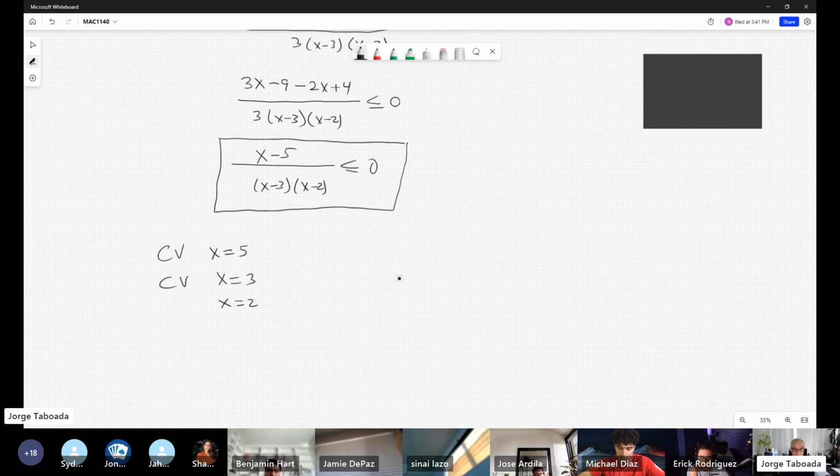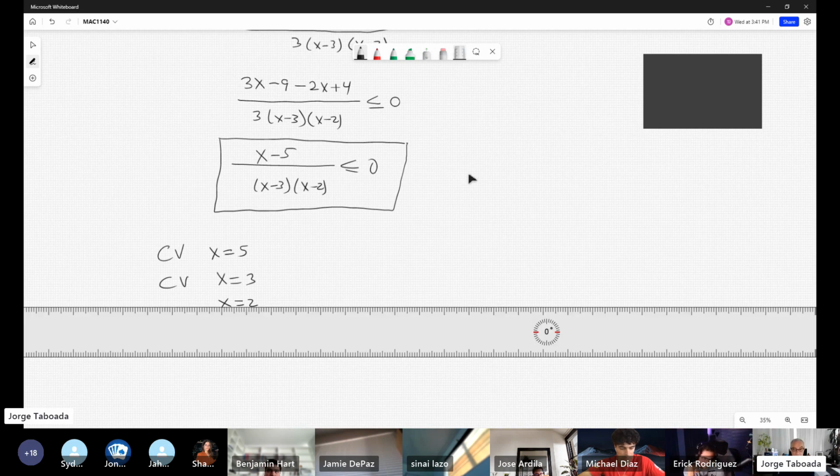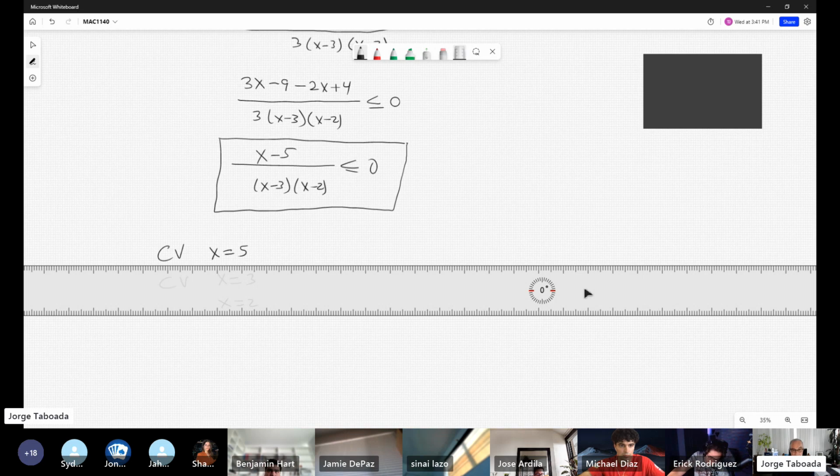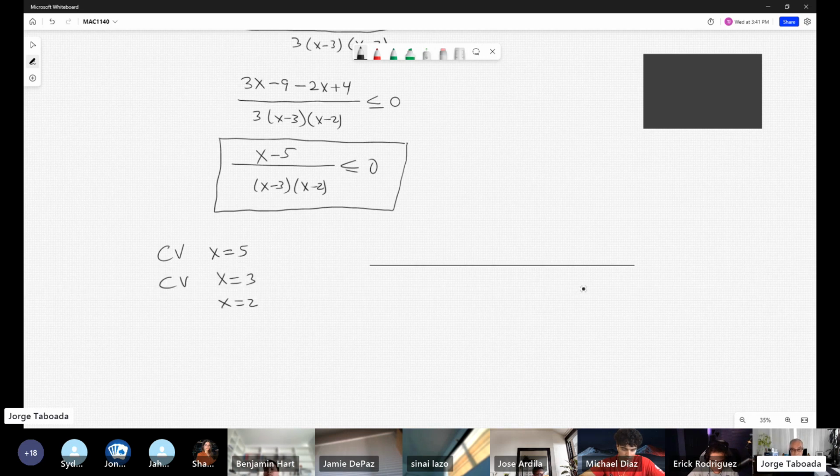We make the partition. Negative infinity, infinity. Partition R in 0, 1, 2, 3, 4, 5.